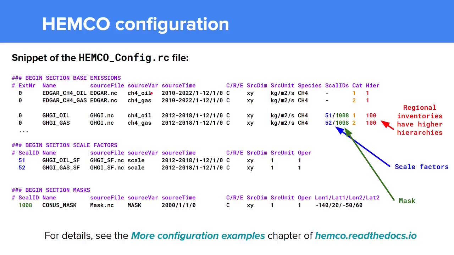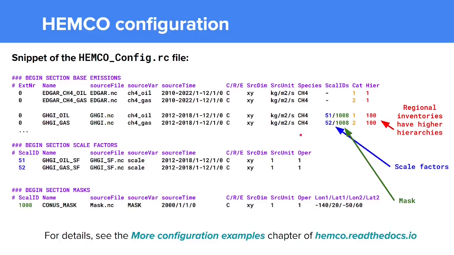If you're in 2009, you use the year 2010. XY means it's two-dimensional. The units for most emissions that get read into HEMCO is kilogram per meter squared per second. We're going to read these emissions into the methane species CH4.